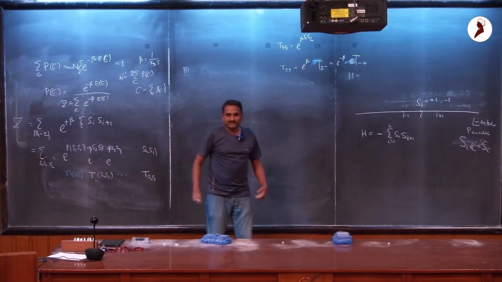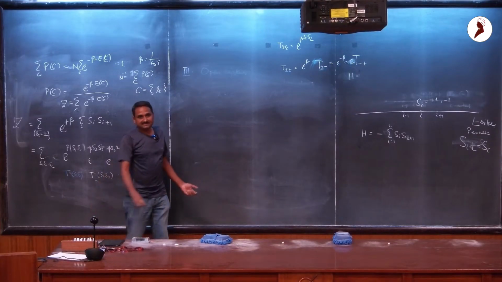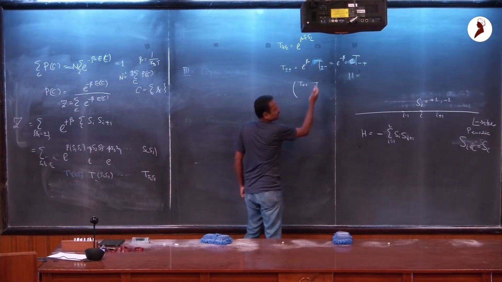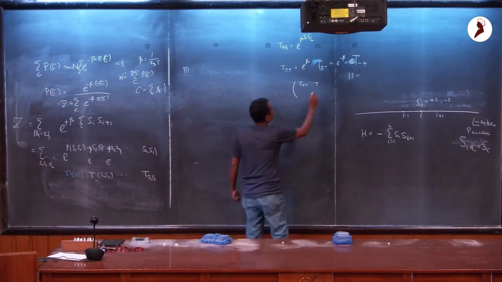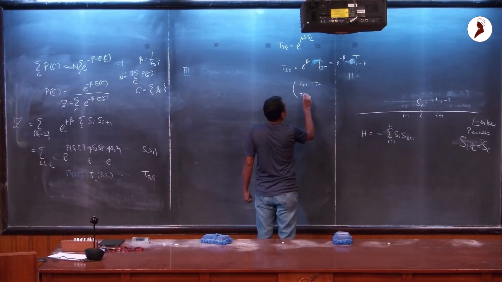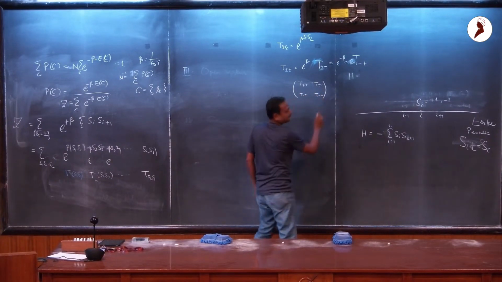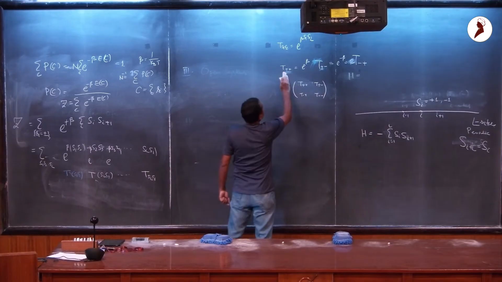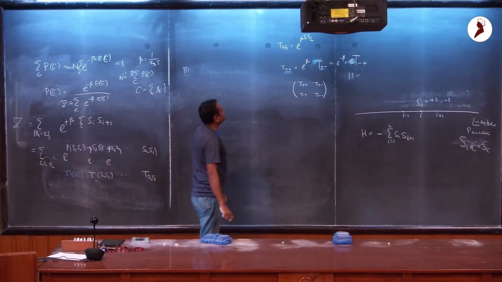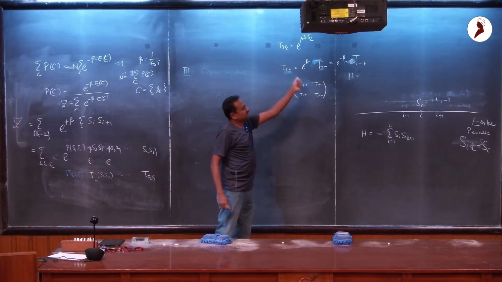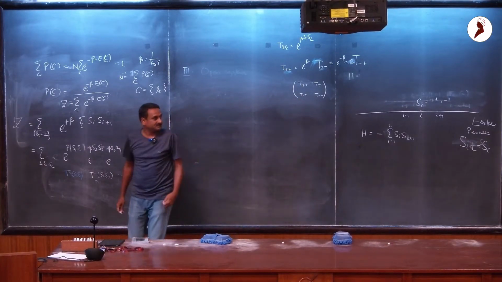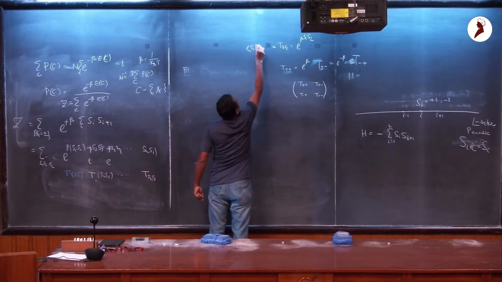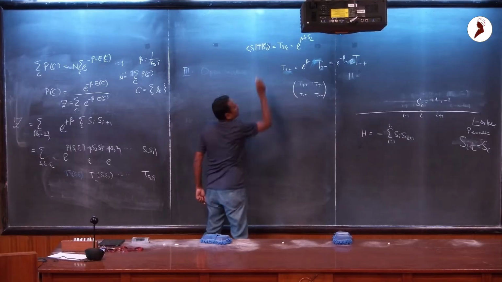So there are 4 variables, but you can write it in a matrix, because plus and minus is your basis: T plus plus, T plus minus, T minus plus, T minus minus. I will use a different notation. I just said that T S1 S2 equals e to the power beta S1 S2.